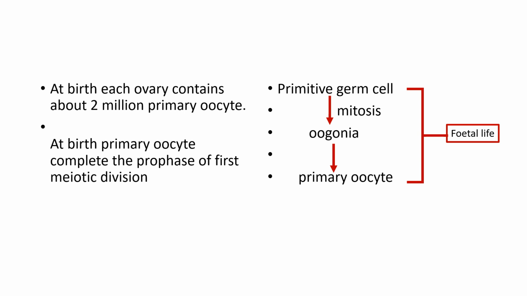So before puberty, the ovary contains only the primary oocyte. At birth, each ovary contains about 2 million primary oocytes, and at birth the primary oocyte completes the process of the first meiotic division.